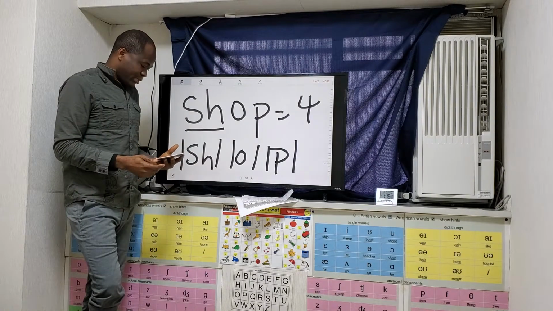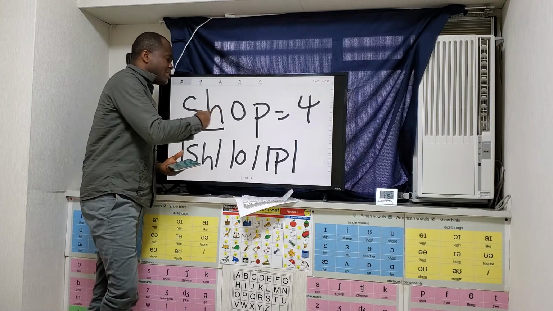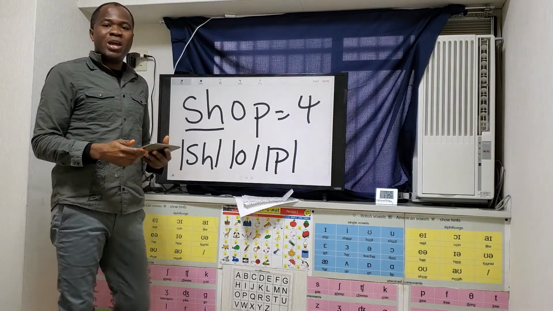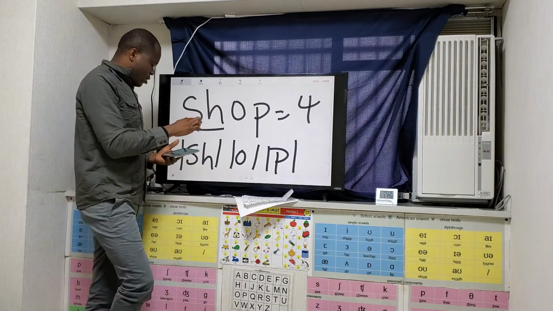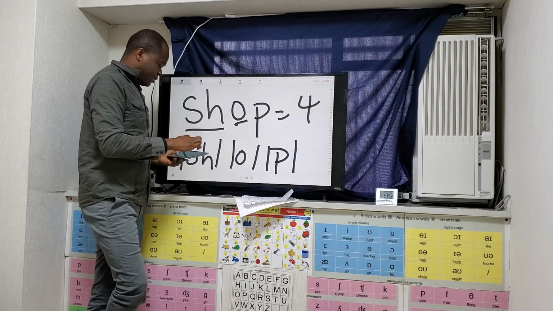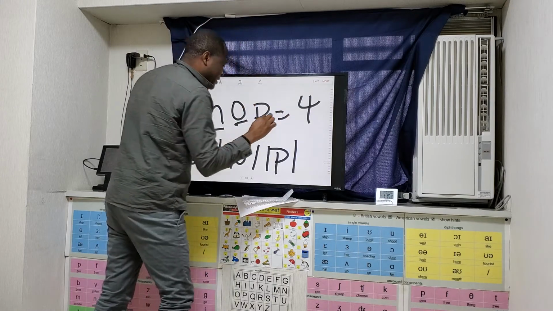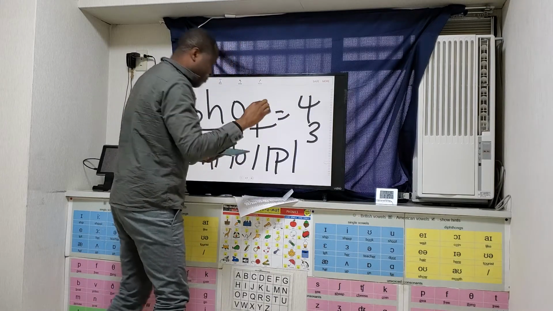So if I ask you now, can you tell me how many sounds are there in shop? How many graphemes can we identify? We can identify 1 grapheme, 2 graphemes, 3 graphemes. So instead of 4, we now realize that it's actually 3 graphemes.